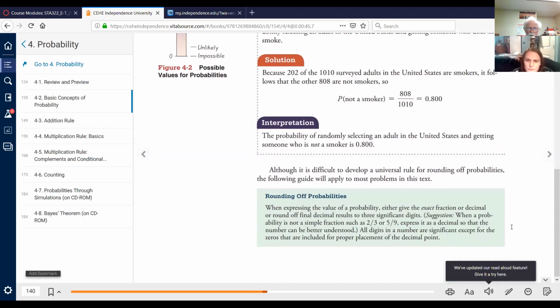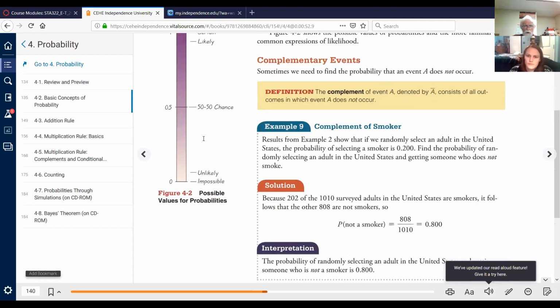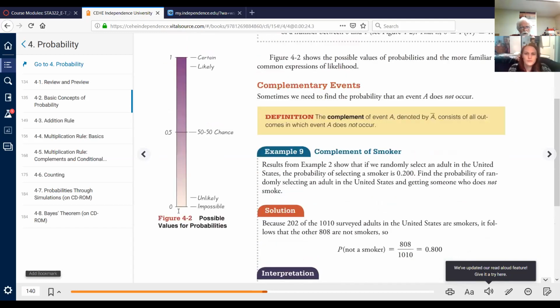We can, as I said, express these probabilities as fractions, decimals, or percentages. On a scale of possible values for a probability, a 0 means that the event is impossible. It is not possible for me to go up on my roof and jump into the air and fly off.